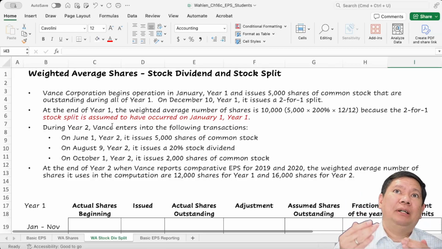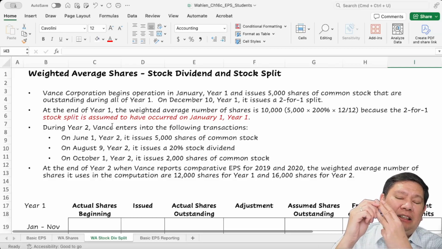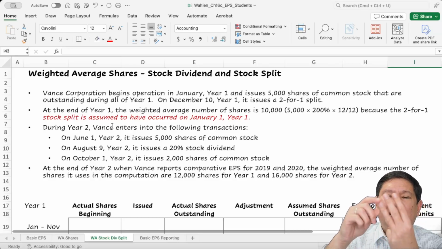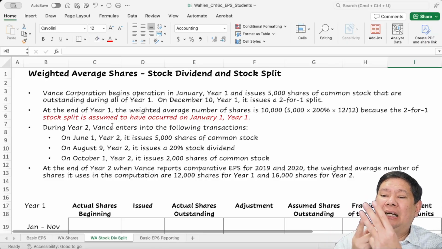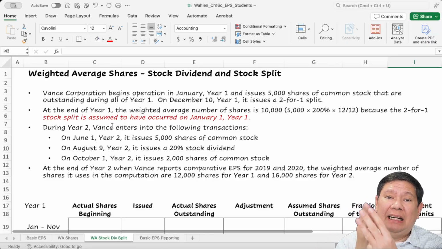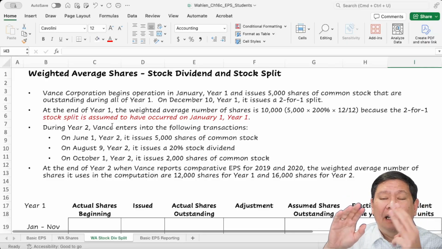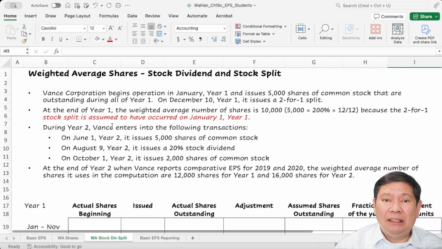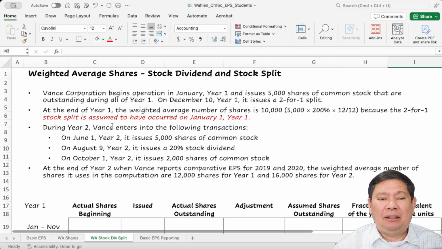So when they calculate the earnings per share for year one, year two, and year three, the stock split and the stock dividend don't affect only the year it happens, but we assume that it already happened since the beginning of year one. So all the calculations will be consistent, and the earnings per share will be comparable between year one, year two, and year three.